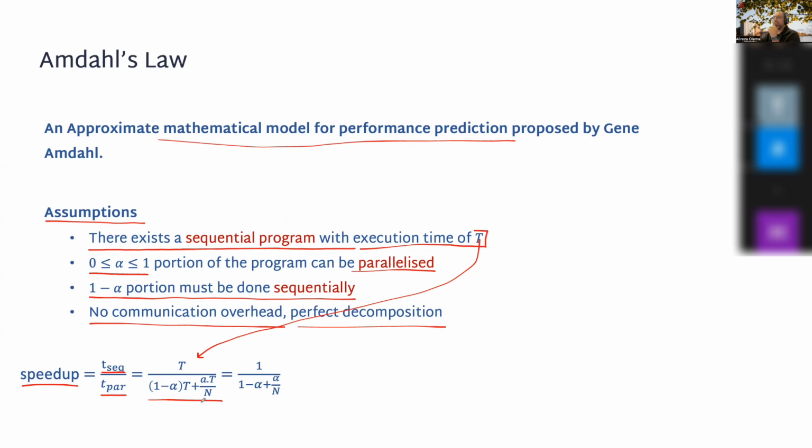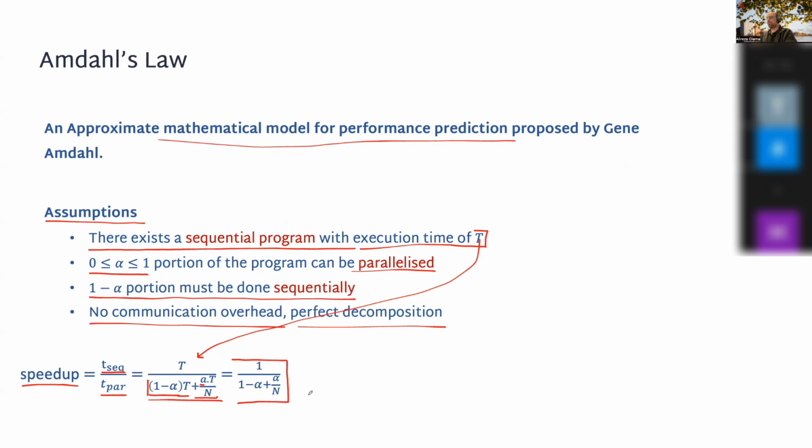We know that 1 minus alpha portion of the time is used for the serial code. So this is the serial part of the parallel execution. And then the alpha portion we can parallelize, right? So we just need to divide t by n, the number of cores, times this alpha portion. And if we simplify, we get this equation for the speedup according to Amdahl's law.